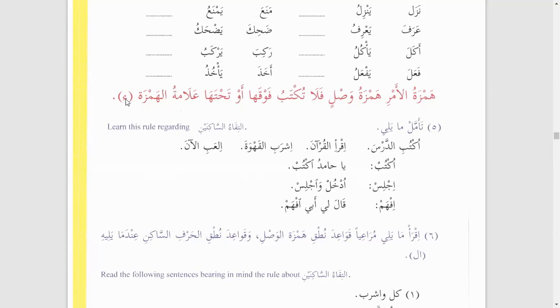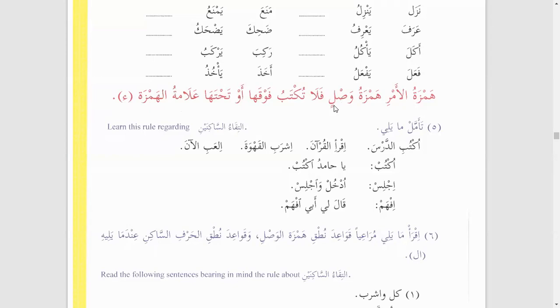So we put this sign only on alif when the Hamza is Hamzatul Qat'. If it's not Hamzatul Qat', then we cannot put the sign of Hamza. We have to only put Dhamma or Kasra. So Hamzatul Amri, Hamzatul Waslin. Imperative Hamza is Hamzatul Wasl. Fala tuktabu.